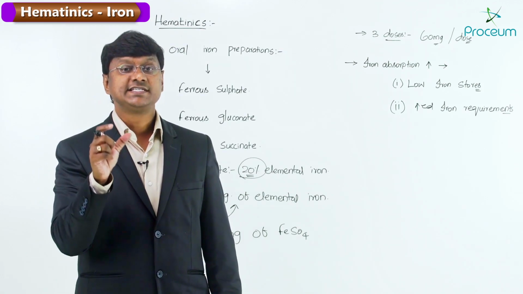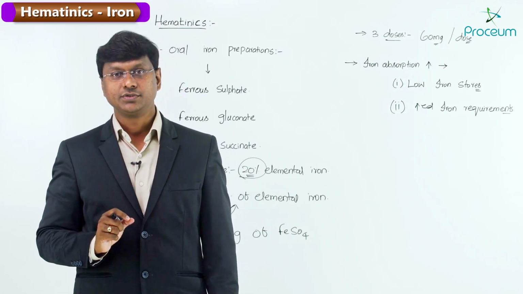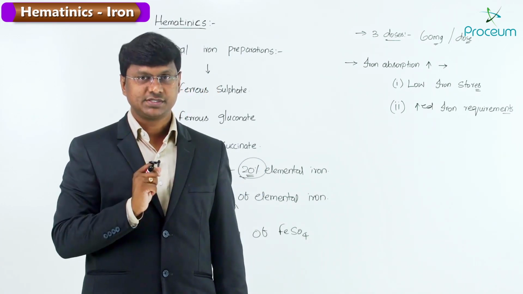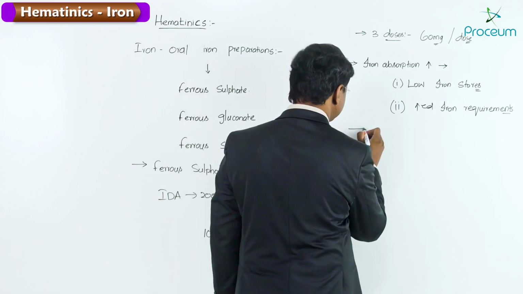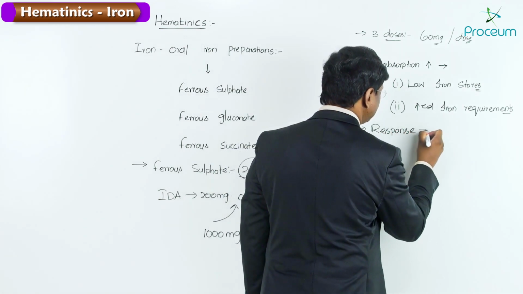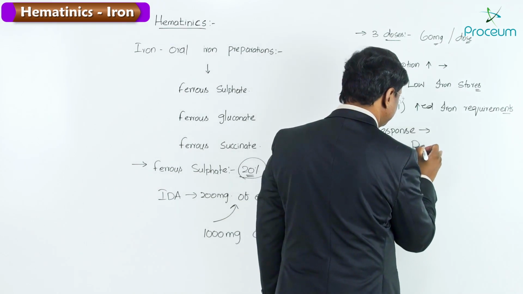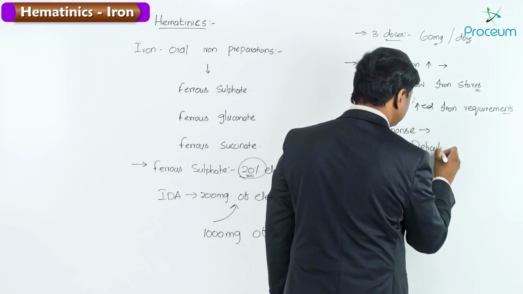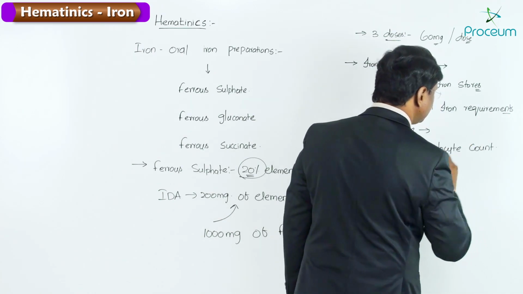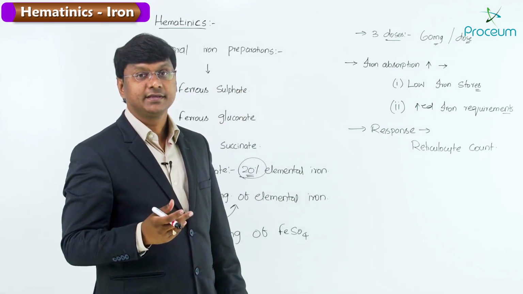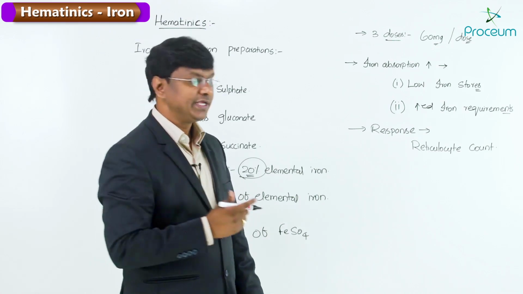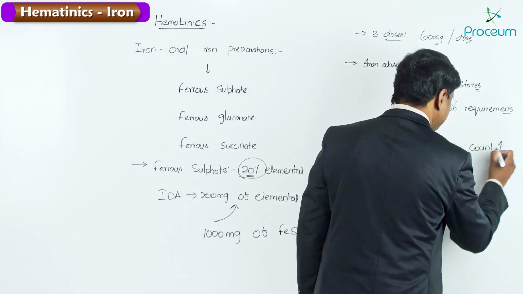You need to check the reticulocyte count. This reticulocyte count should begin to increase in 2 weeks. So how will you assess the response? You will assess the response by measuring the reticulocyte count.